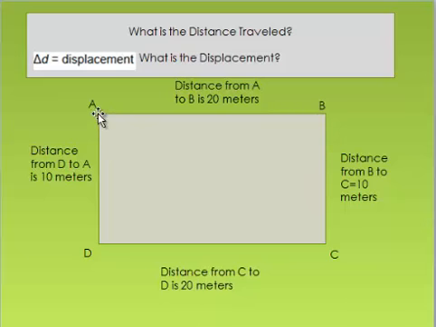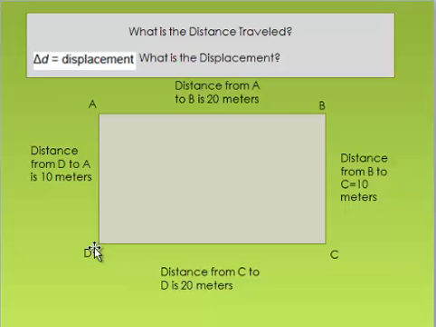It would be this straight line from A to D. So your total displacement would be 10 meters south. So if we're talking about you living at A and you went from A to B to C to D, your displacement would be 10 meters south if we were using a north, south, east, and west direction.